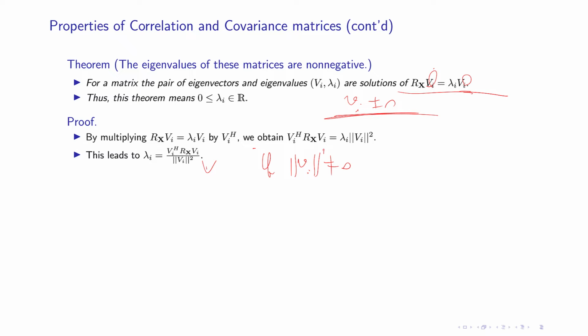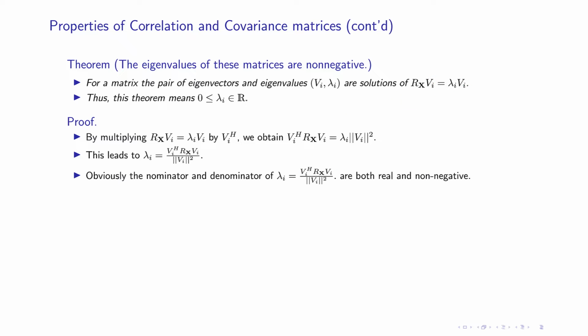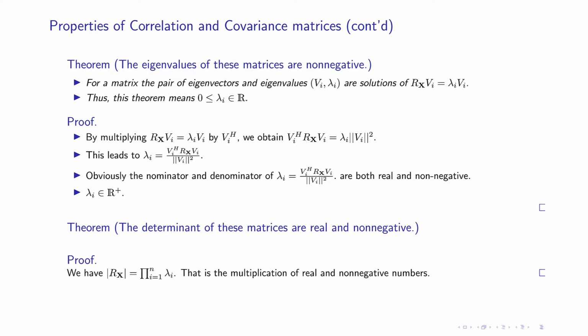The proof is complete. The numerator and denominator are both real and non-negative, so all the eigenvalues of any correlation or covariance matrix are real and non-negative.